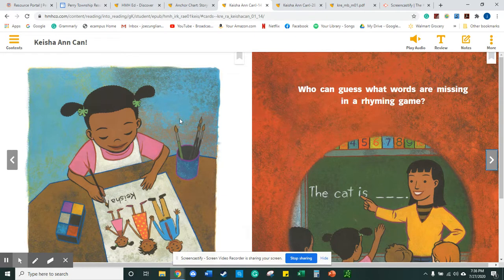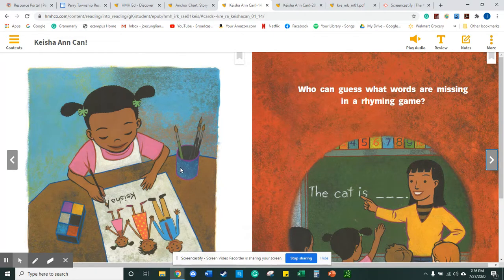Could this paintbrush be the character of the story? Is this paintbrush a person? A creature? An animal? No, that's silly. The person in this story is Keisha Ann.